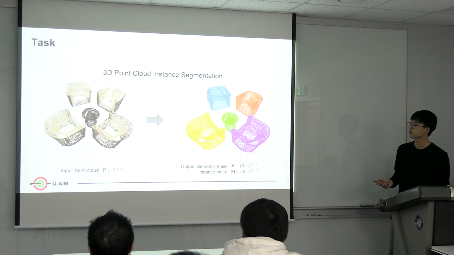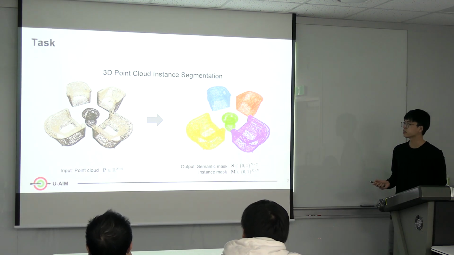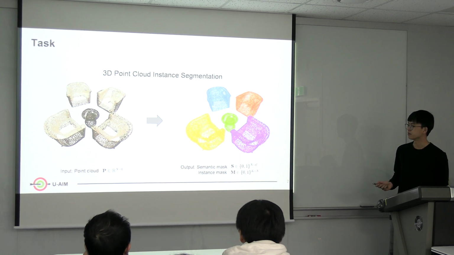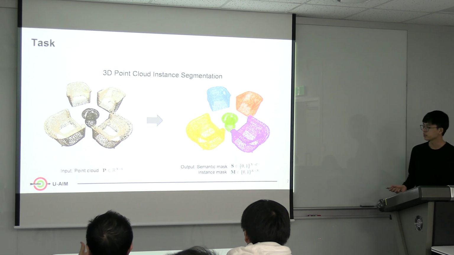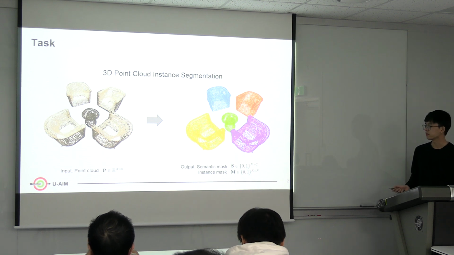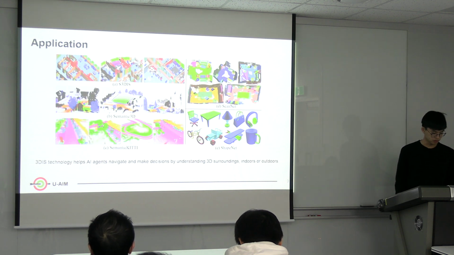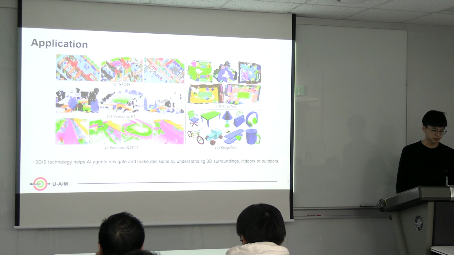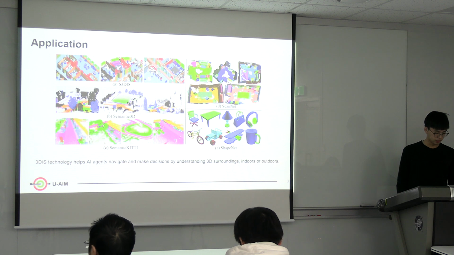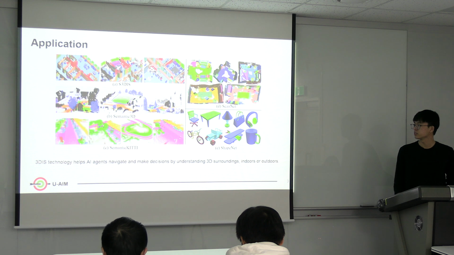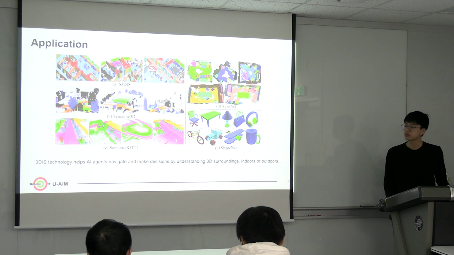For each instance, we also define the semantic label, like which class the instance belongs to. C here stands for the number of classes, and K stands for the number of instances. The application of 3D segmentation is to help an agent navigate and make decisions about the 3D surroundings, indoor and outdoor.